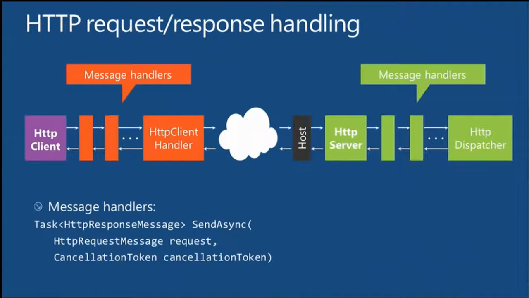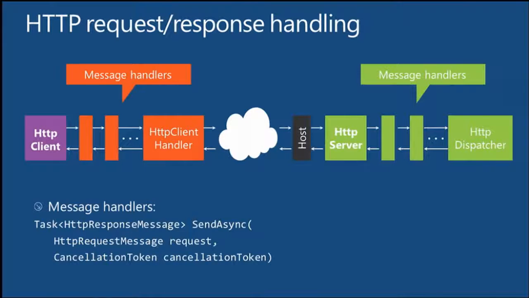All right, now what's happening below the dispatcher, though? Where does that request and response come from? How is HTTP handled at the lowest layers of Web API? At the bottom of Web API is really just a message handler chain. We have an HTTP pipeline, and the component in the HTTP pipeline is a message handler.